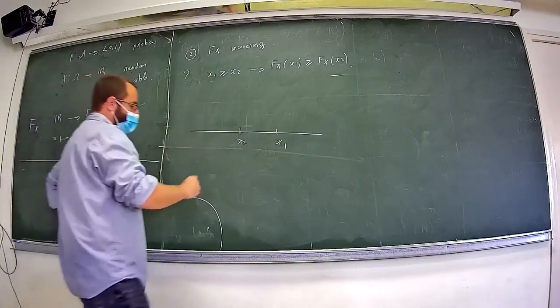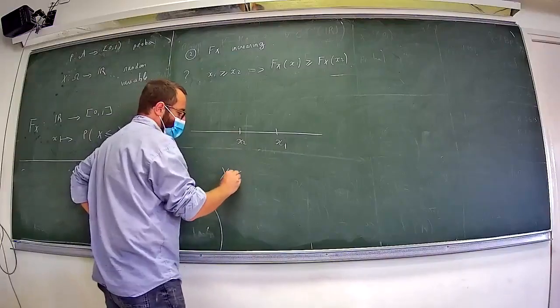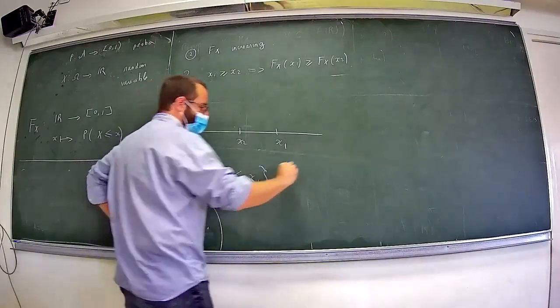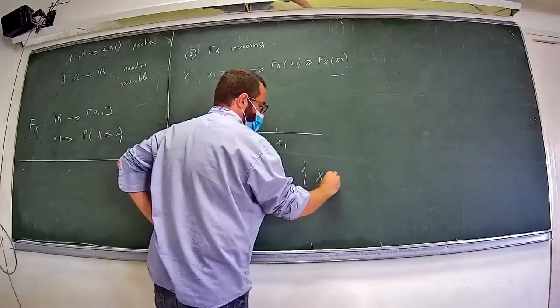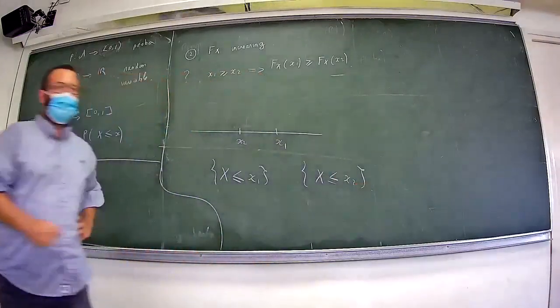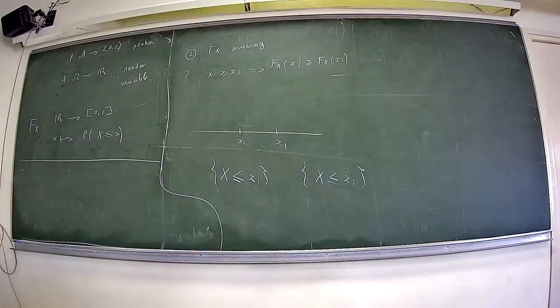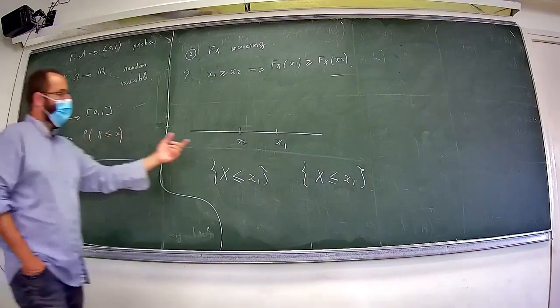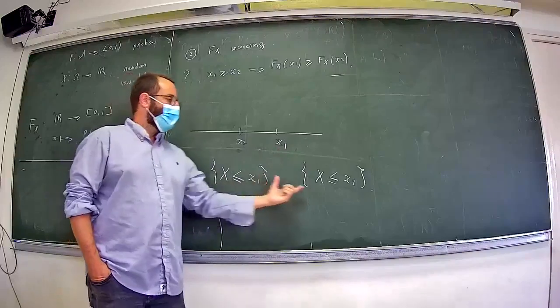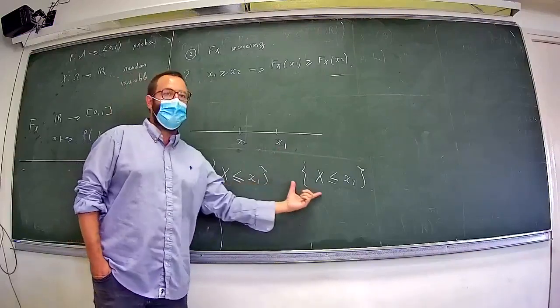So if I am in this situation, can you compare these two sets? I said that one is included in the other. I am in this situation with x2 that is less than x1. And my question is, is it possible to compare these two sets?